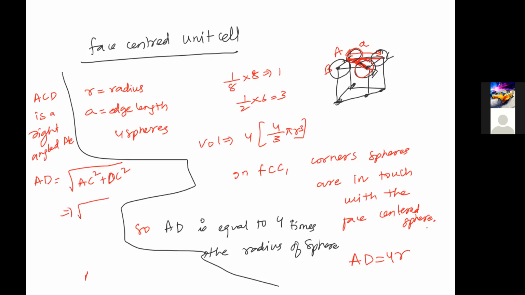You have A square plus A square, which is 2A square, so root 2 A. Root 2 A equals AD, but we already understood that AD equals 4R. So root 2 A will be 4R. Your A will be 4 by root 2 R.